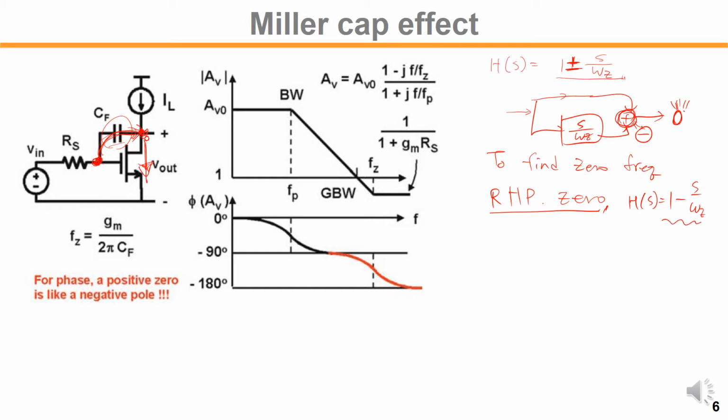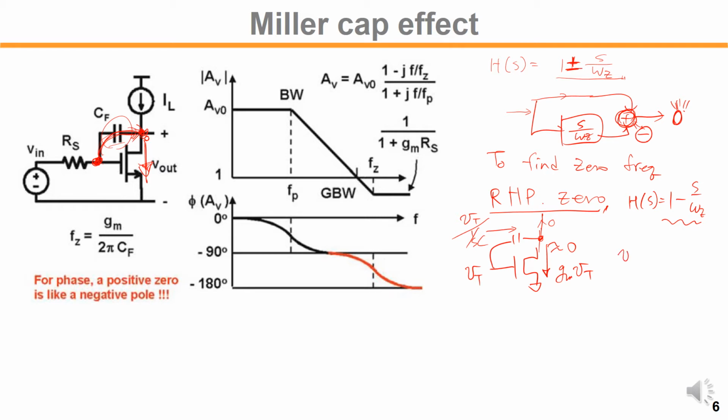To find that zero frequency, we apply VT and the output becomes 0. So what would the current be? VT over 1 over sC, and the current coming down would be gm times VT. This current will be the same, so the net current coming out would be 0.